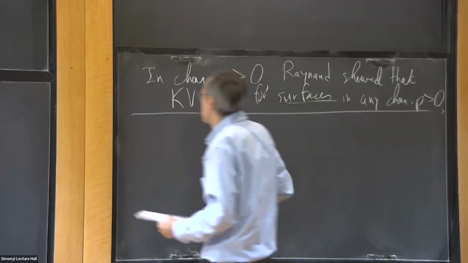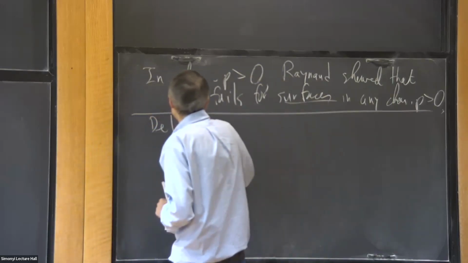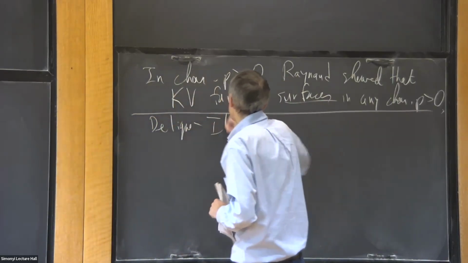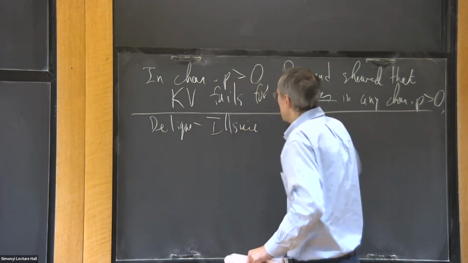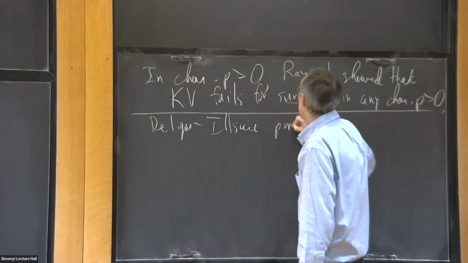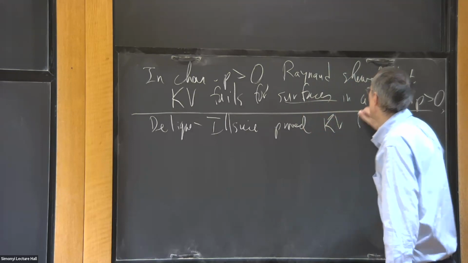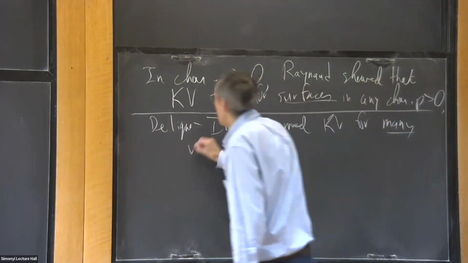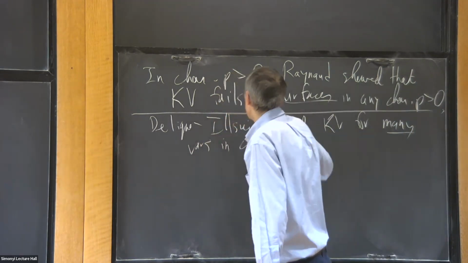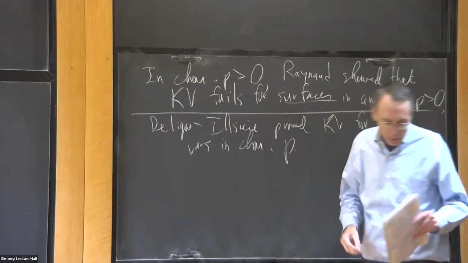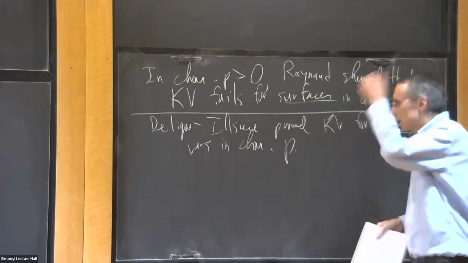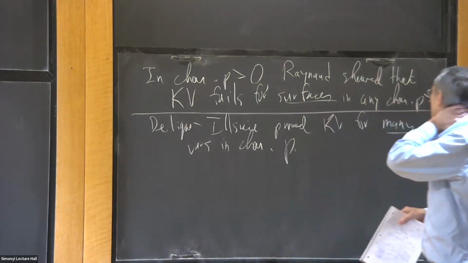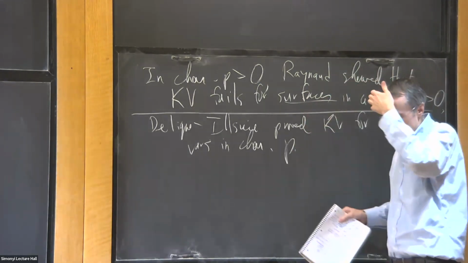Of course, we know Deligne and Illusie proved Kodaira vanishing, and Raynaud proved Kodaira vanishing for many varieties in characteristic p. You have to assume in their statement that the variety lifts to the second Witt vectors, or Z mod p squared, and the dimension is less than p in one version.